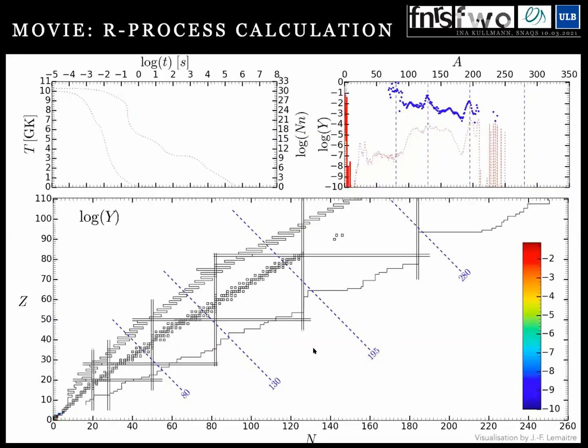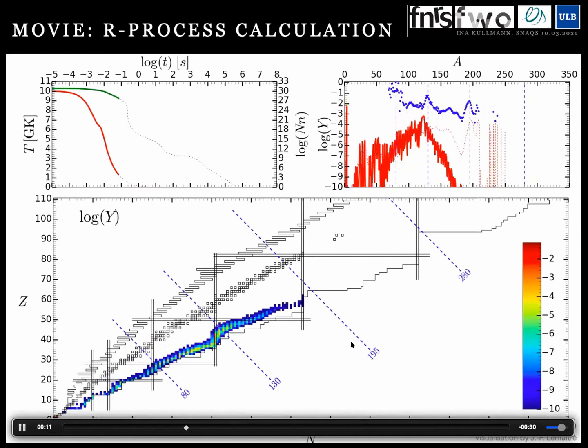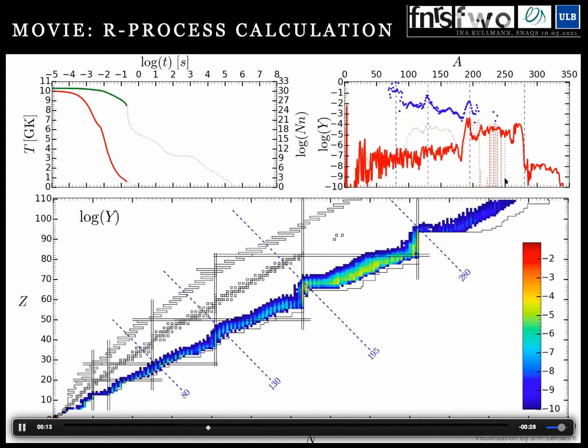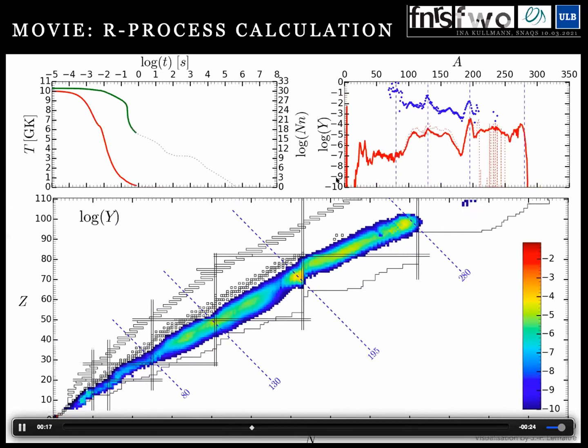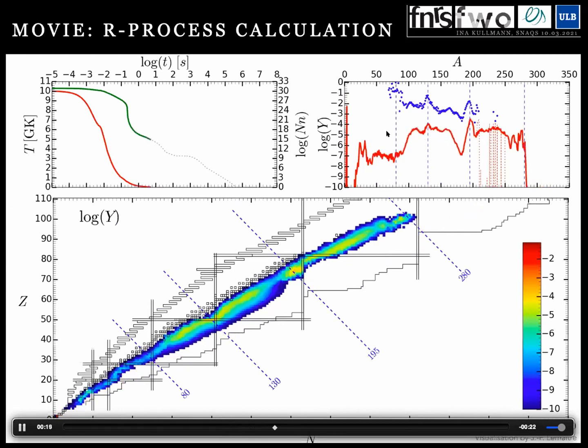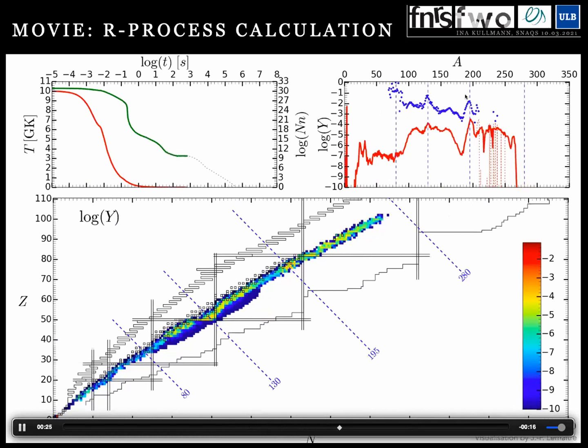So I'll start the movie here. We can also see the temperature evolution and the density evolution for this specific trajectory, which is just an example of a very neutron-rich trajectory. And then you see the evolution of the abundance here, mass number versus molar fraction. We can compare to the solar r-process distribution here in blue at the top.